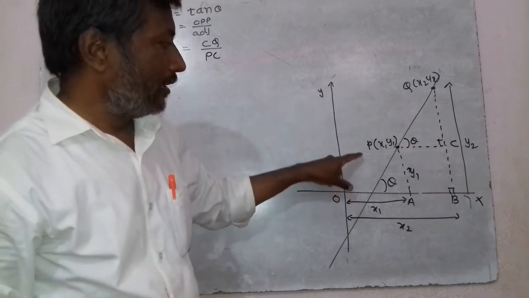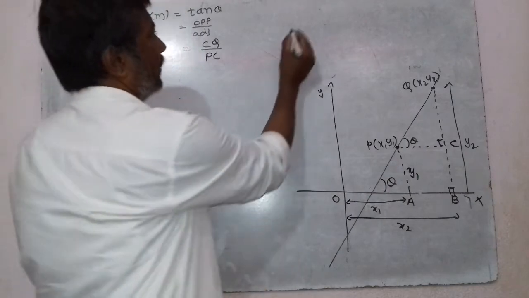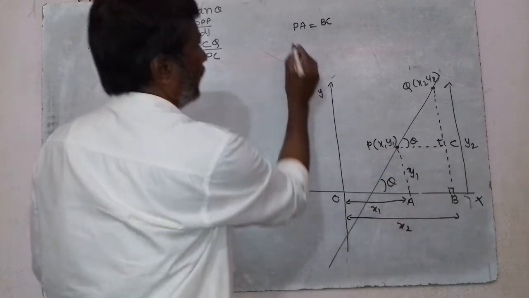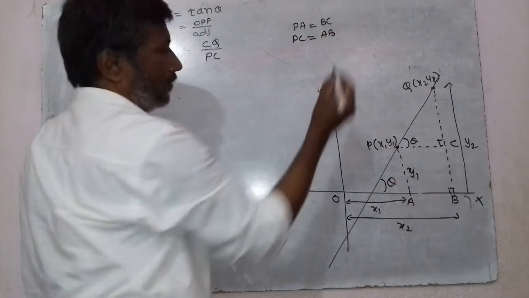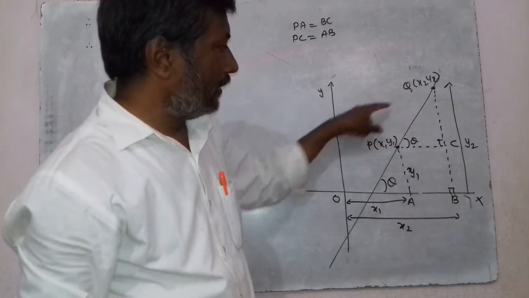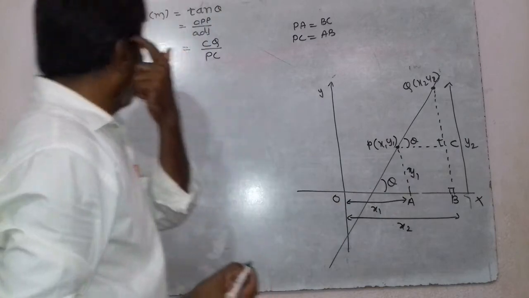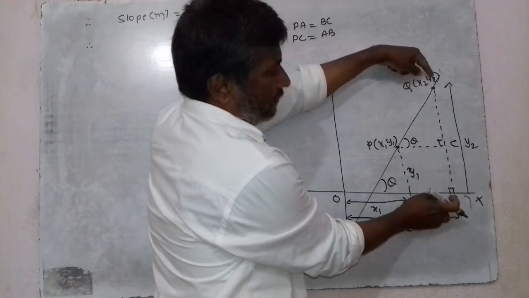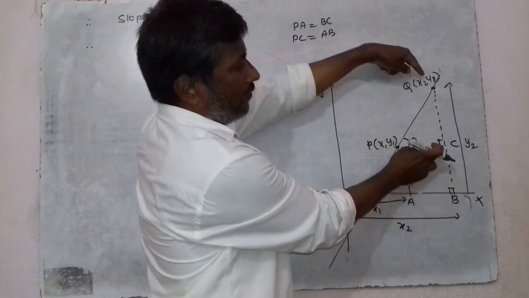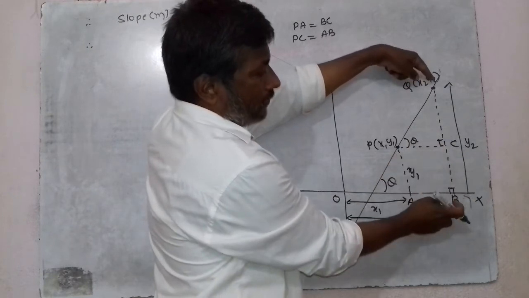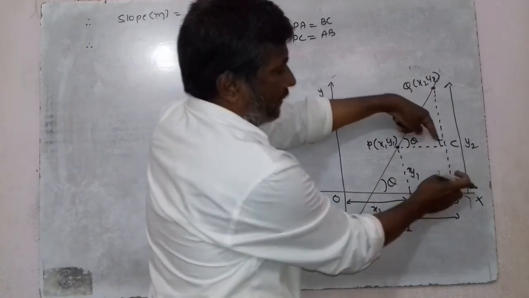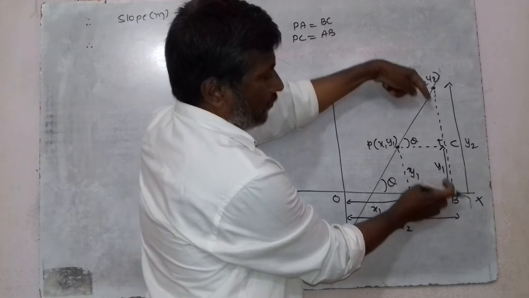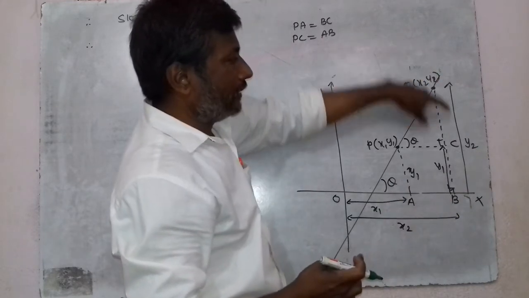Here PA equals BC and PC equals AB. Our requirement is only CQ, so if we subtract y1 from y2, we get CQ.